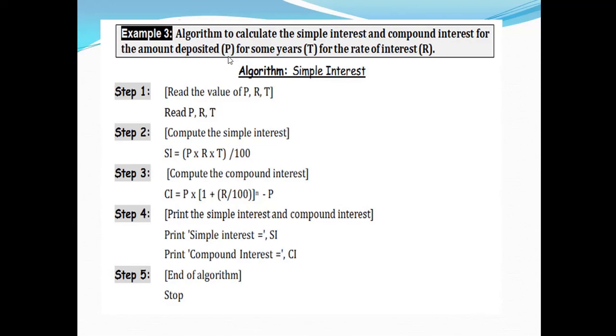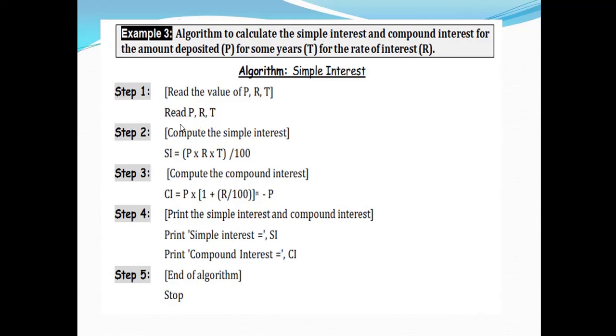P is the deposited amount, T represents the number of years, and R represents the interest rate. P is the principal amount. So what is the first step saying to us?